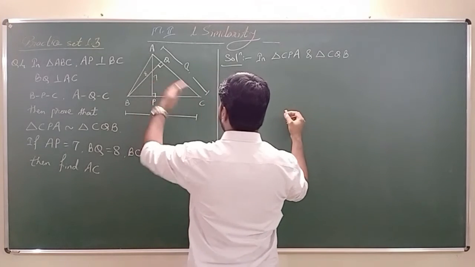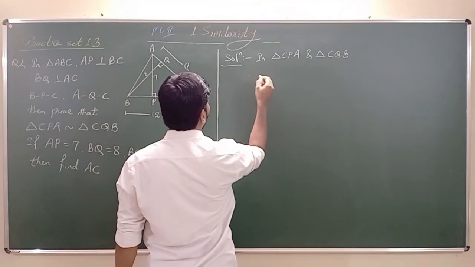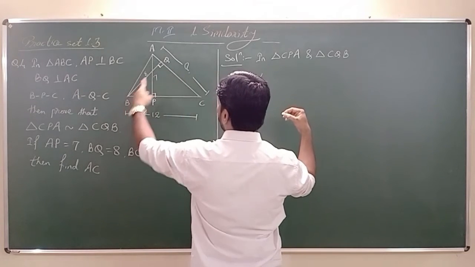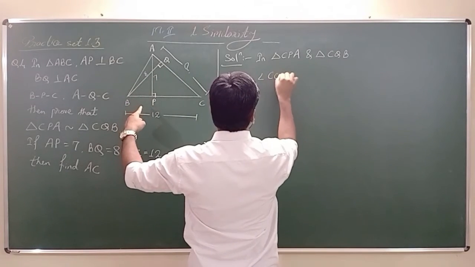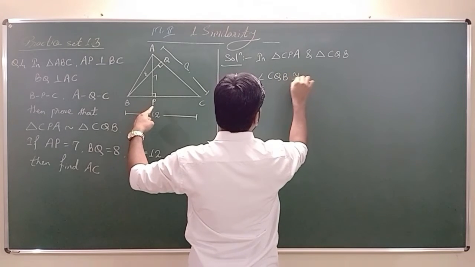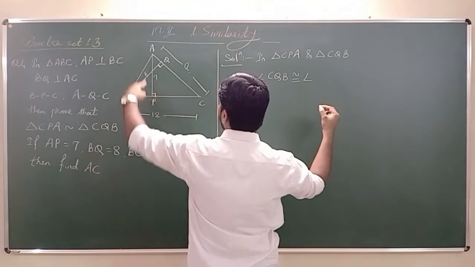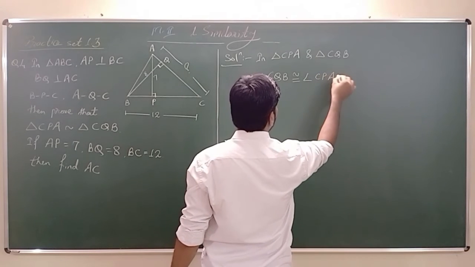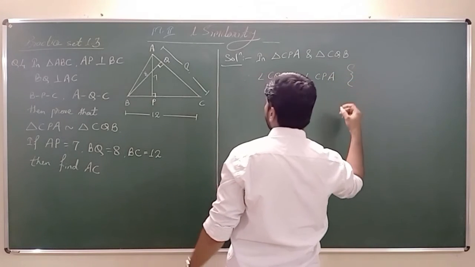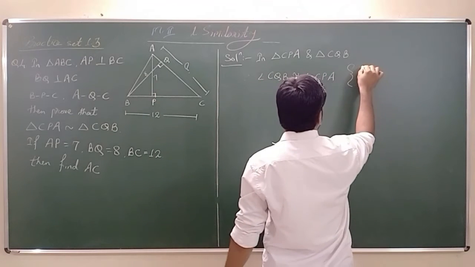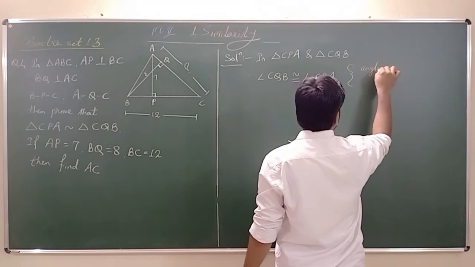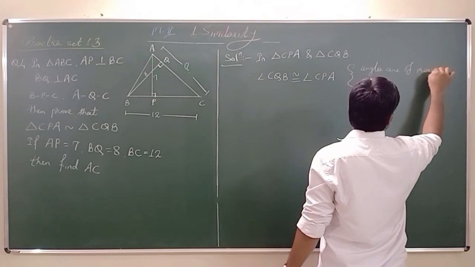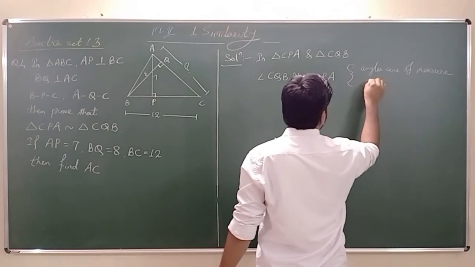So we can say that these two angles are congruent. Therefore, angle CQB is congruent to angle CPA, and the reason is the angles are of measure 90 degree.